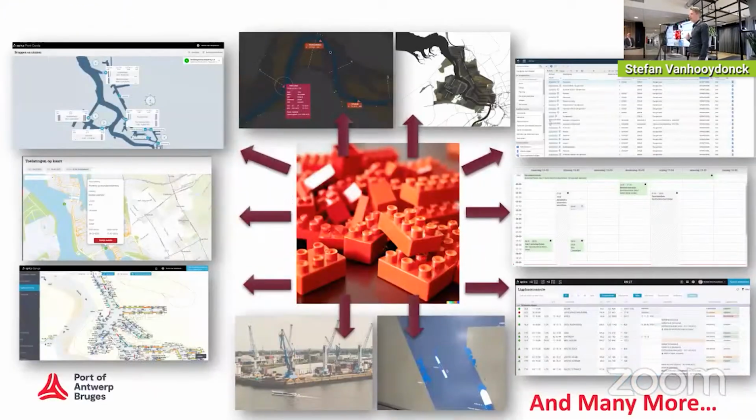Then we start looking at the Lego blocks. What do we have within the Port of Antwerp Bruges that we can reuse as a foundation? We have management systems for traffic, for the infrastructure. We have AIS data, we have radar systems, we have a camera network. We said, okay, for situational awareness, those are the key building blocks.